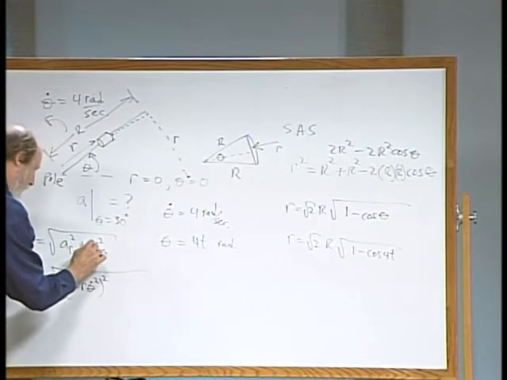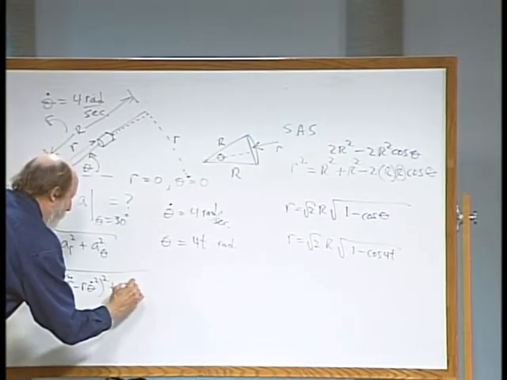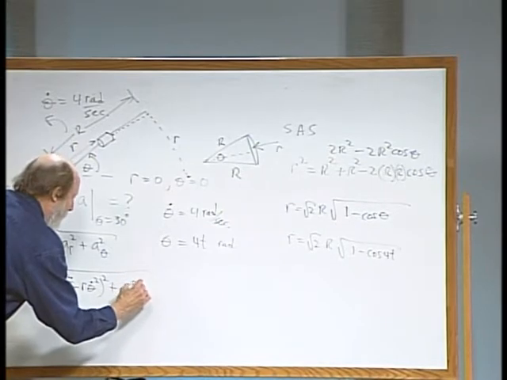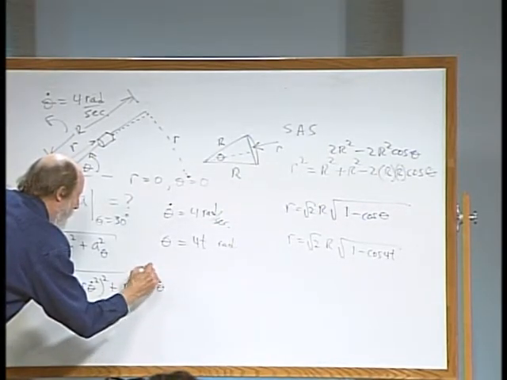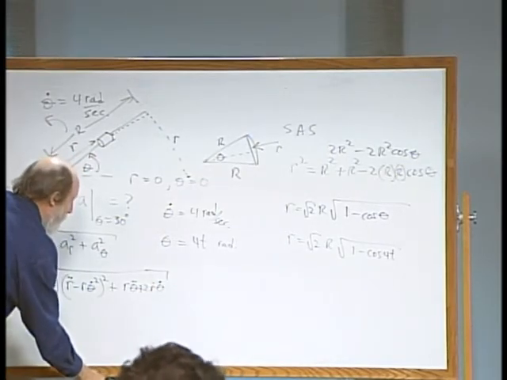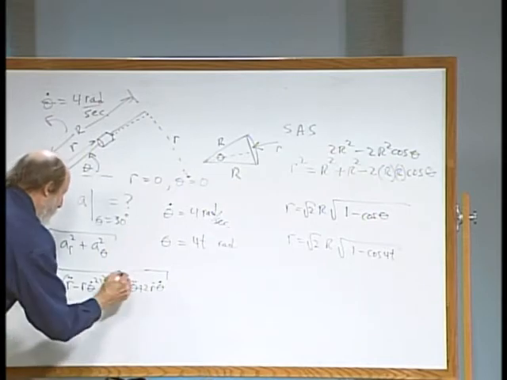And we have our theta directed component, which is r theta double dot plus 2r dot theta dot, squared.